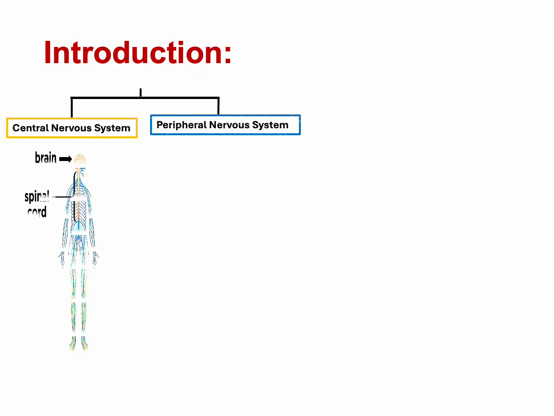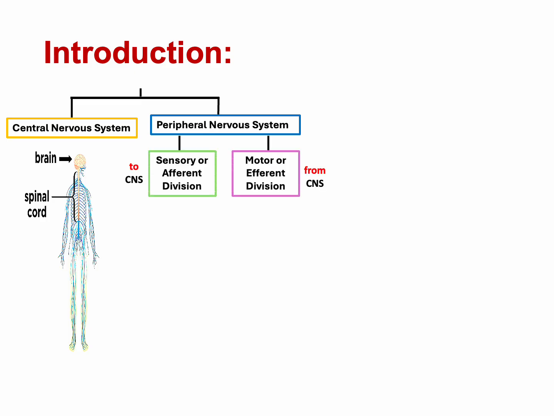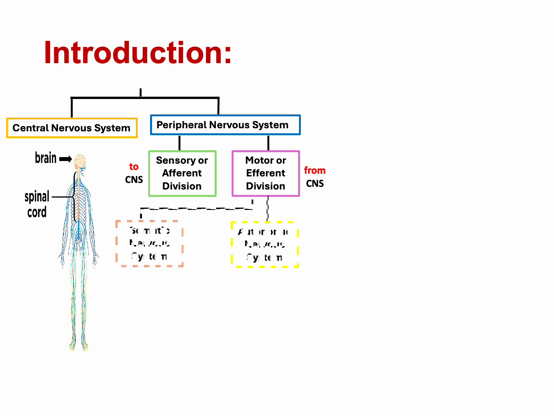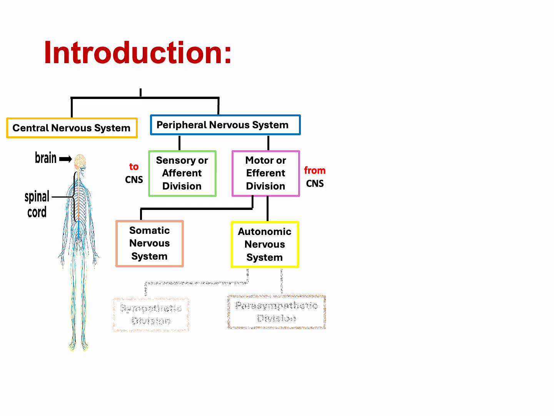The nervous system consists of the central and peripheral parts. The peripheral system is subdivided into sensory nerves, which send information to the brain, and motor nerves, which control the body's action. Motor nerves further split into the somatic system, managing voluntary skeletal muscles, and the autonomic system, regulating involuntary smooth as well as cardiac muscle through sympathetic and parasympathetic branches.